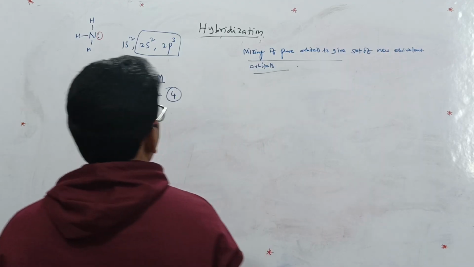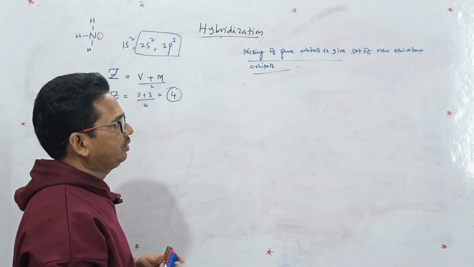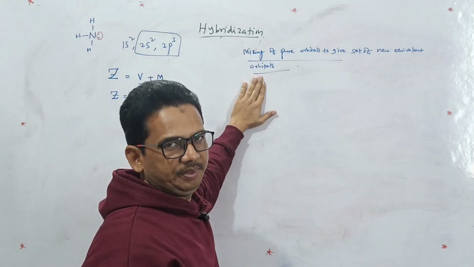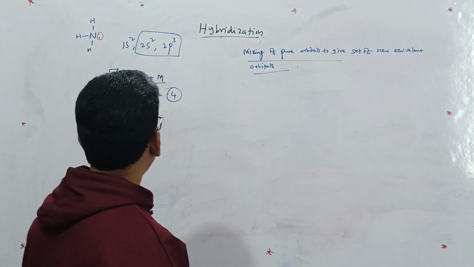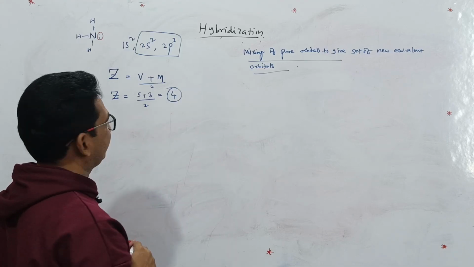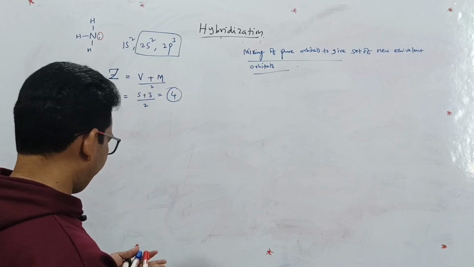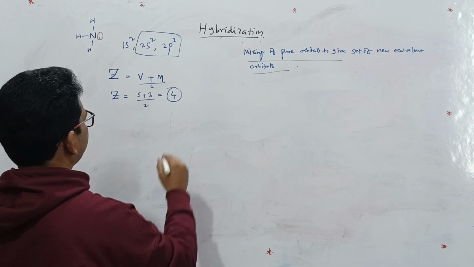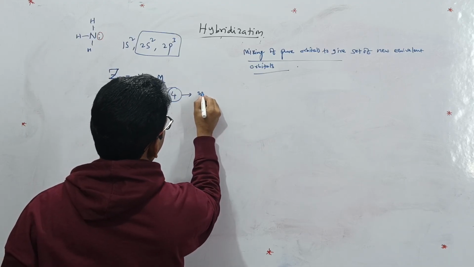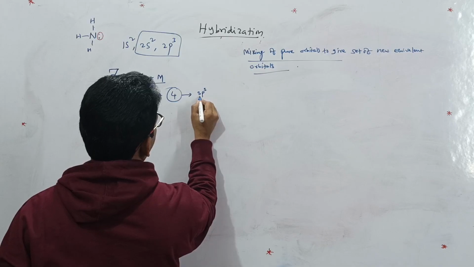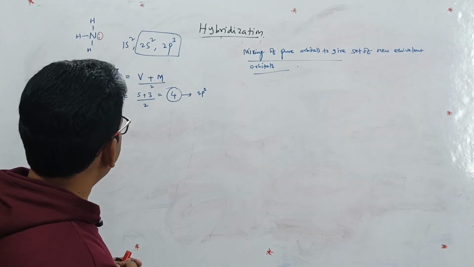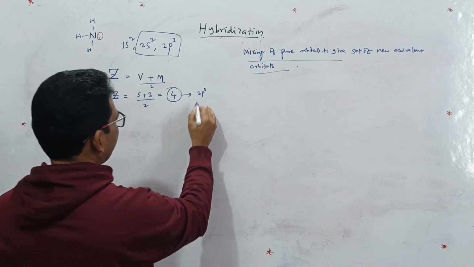Here, how many orbitals are going to be mixed? 4 orbitals. 4 orbitals means what type of hybridization can we think of? sp3, because 1s and 3p, total 4. Then we will check with the example whether it is sp3 or not.